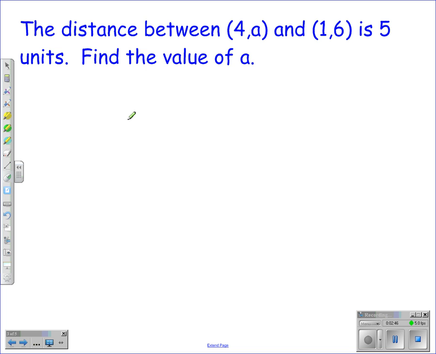The distance between 4a and 1/6 is 5 units, and it says find the value of a. So here we're actually needing to find the value of one of the coordinates, one of the x or y pair. So we are going to start with our distance is 5 units, equal to the square root, and let's let this one be x1, y1, and this one be x2, y2.